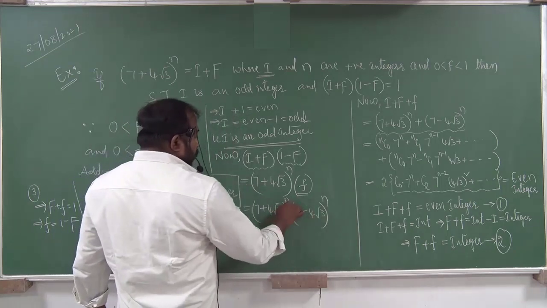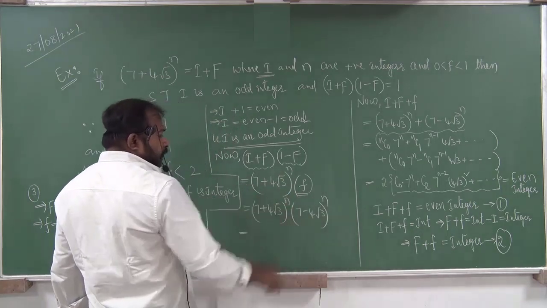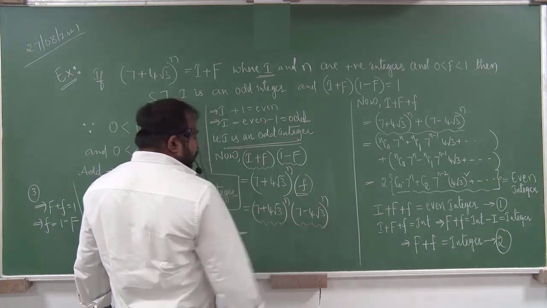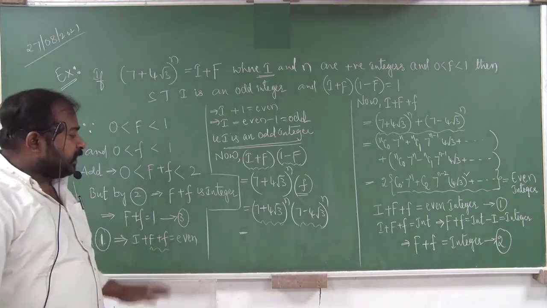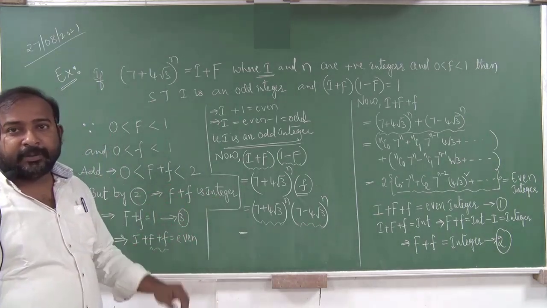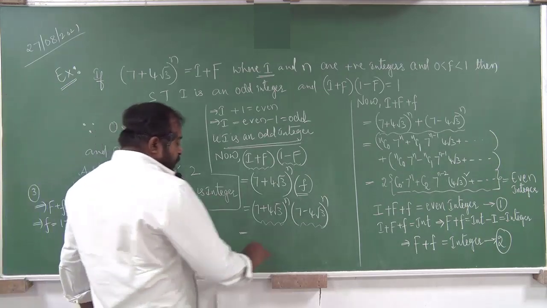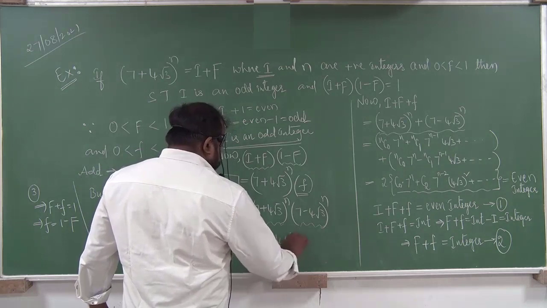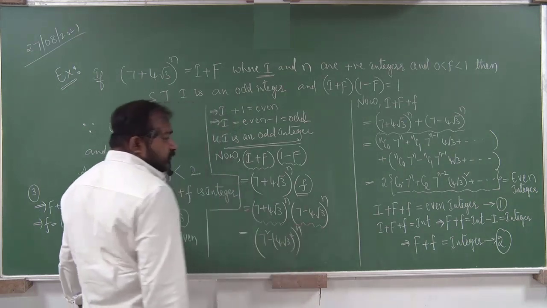Now the whole power n you can write common. Then this is 7 plus 4√3, and this is 7 minus 4√3. (a + b) into (a − b). What will you get? (a + b)(a − b) means a square minus b square, that is 7 square minus (4√3) whole square, whole power n as it is.